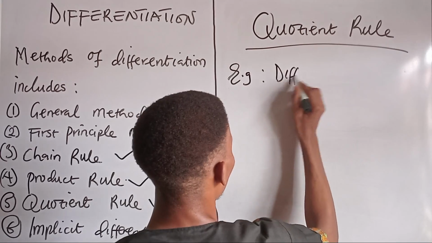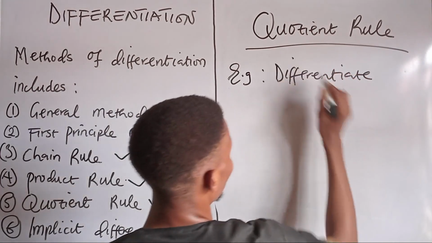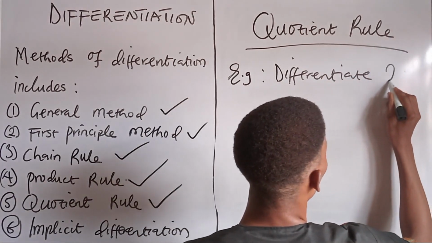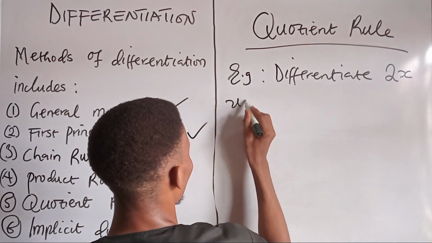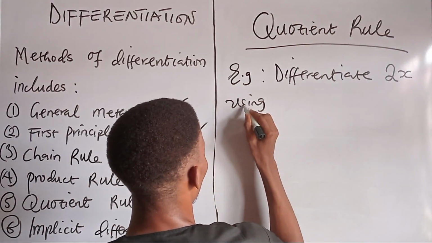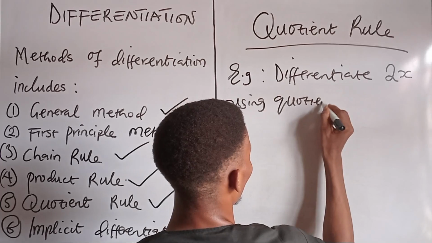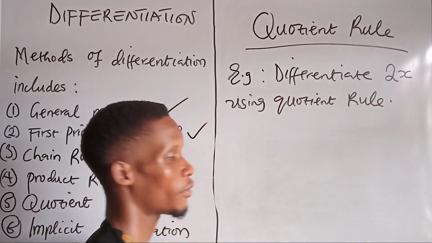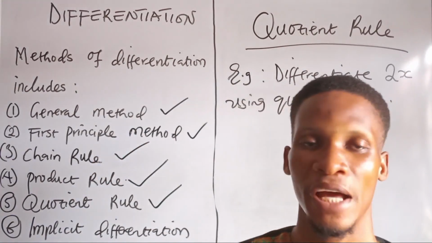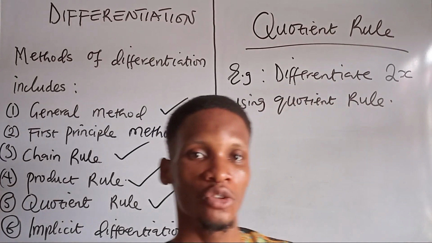Differentiate 2x using the quotient rule. There are different methods that can be used to differentiate 2x.